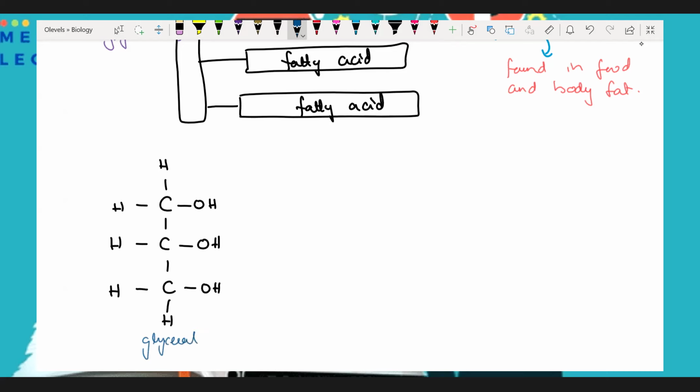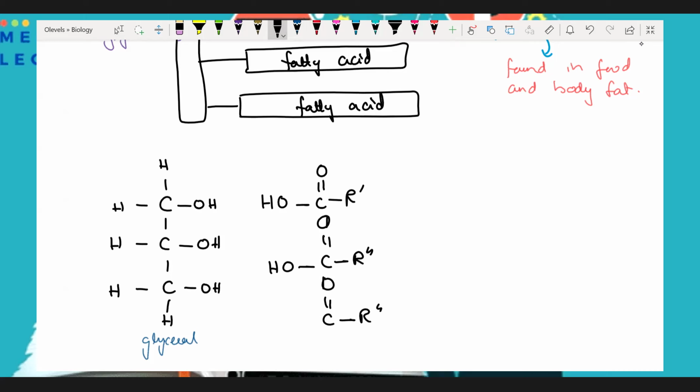Ma'am, is the difference between unsaturated and saturated fatty acids the double bonds between carbon and carbon, like alkenes and alkanes? Yes, exactly. Okay. Let me finish with this, and I'm going to tell you that also. See, this is again OH, right?